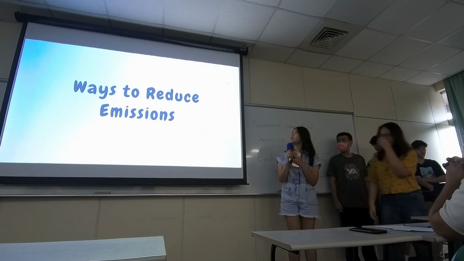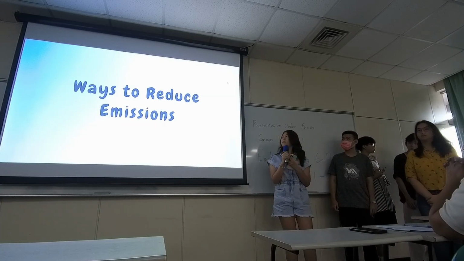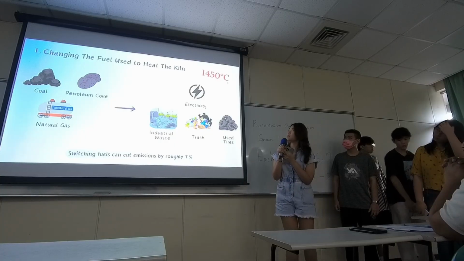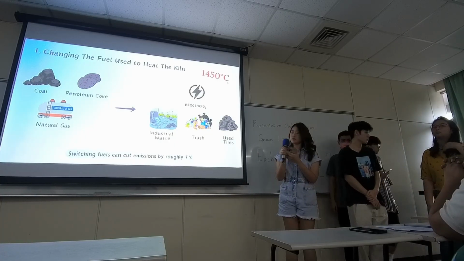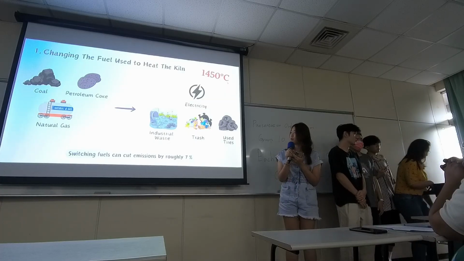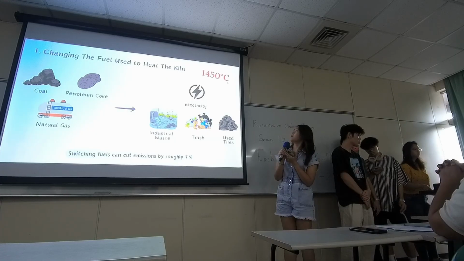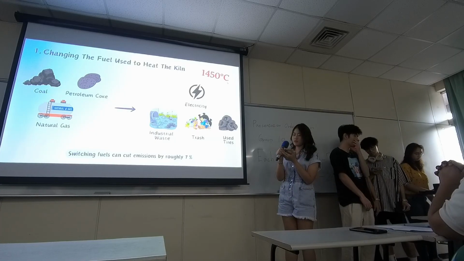So there are several ways to reduce the emissions, and today we want to discuss some of them. The first one is changing the fuel used to heat the kiln. Typically cement plants use coal, petroleum coke, and natural gas to heat the kiln to 1,450 degrees Celsius.